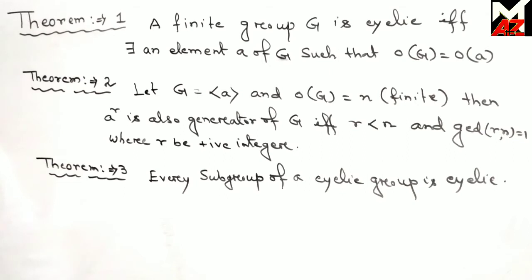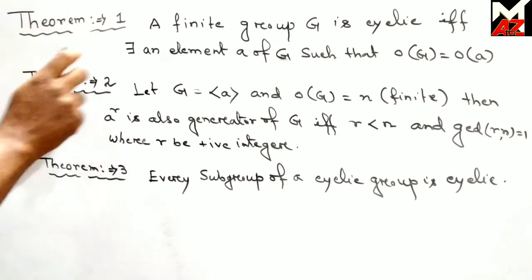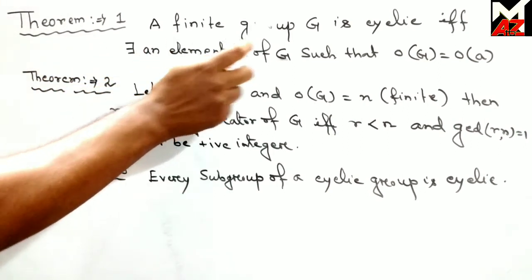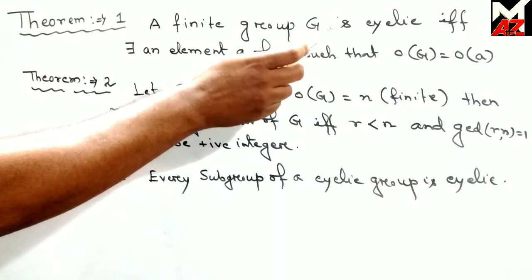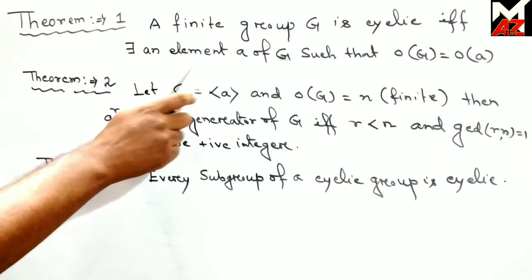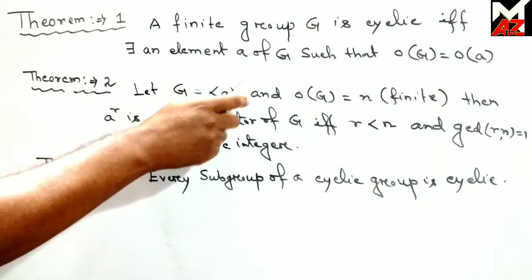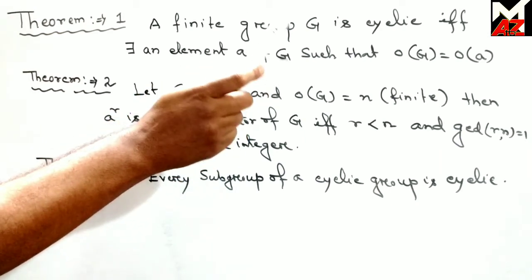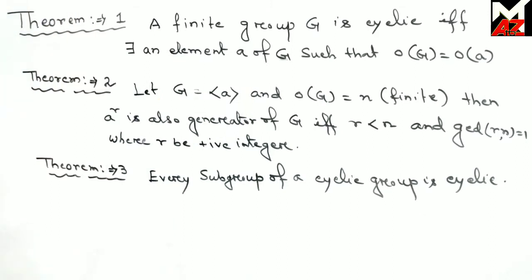Now, the three theorems of cyclic group are: the first theorem is, a finite group G is cyclic if and only if there exists an element A of G such that order of A is equal to order of G. Okay, this is the first theorem.